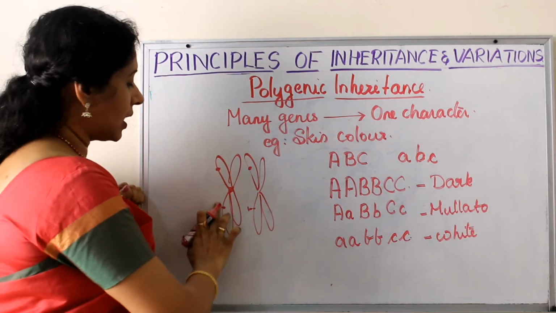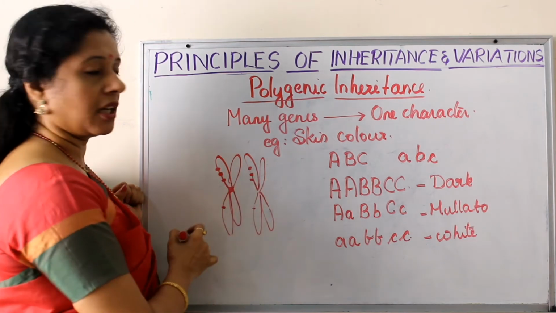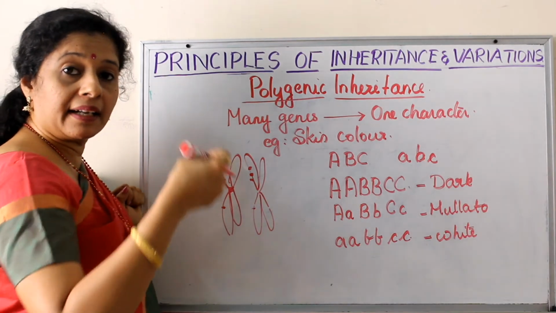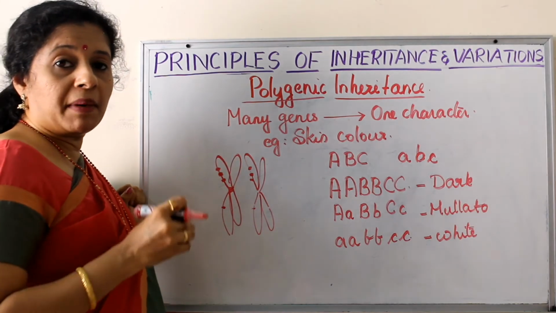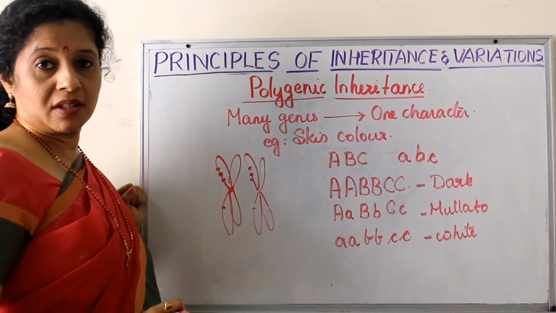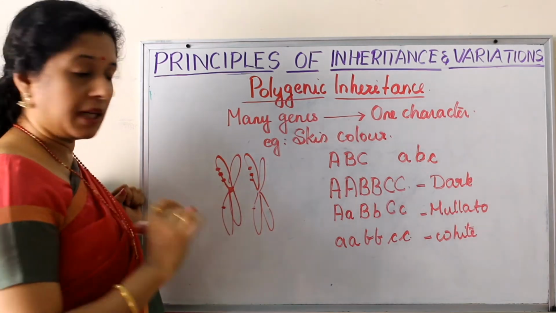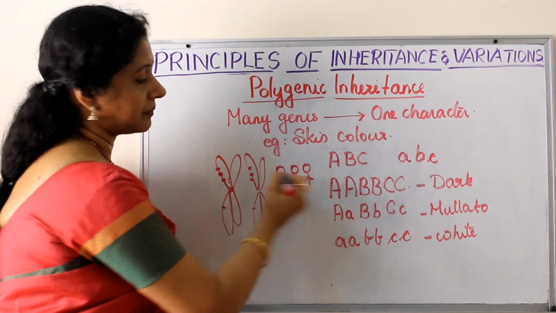But here it is not like that. Here one gene, here second gene, here third gene. All these three genes will be adding their effect in order to get the result. So, it depends on how much each one contributes. Right? So, suppose there are three people, like imagine you and your friends.